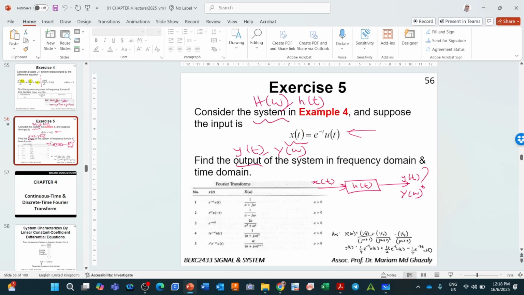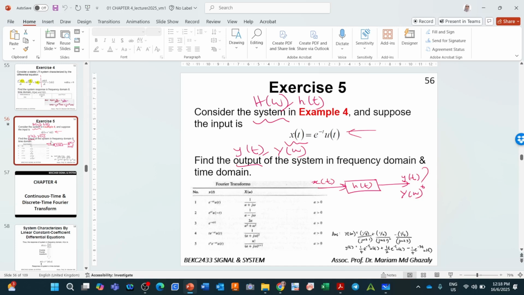So in question A, it asks you to find h(t). Then in B, given this, find another signal. For this case, you already have the answer both for H(omega) and also h(t).